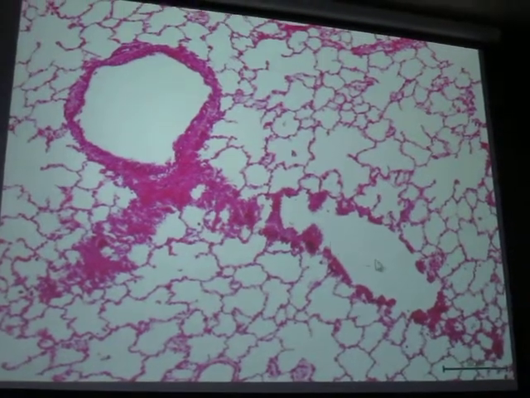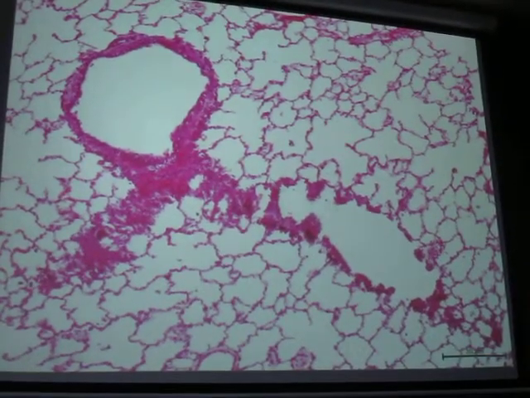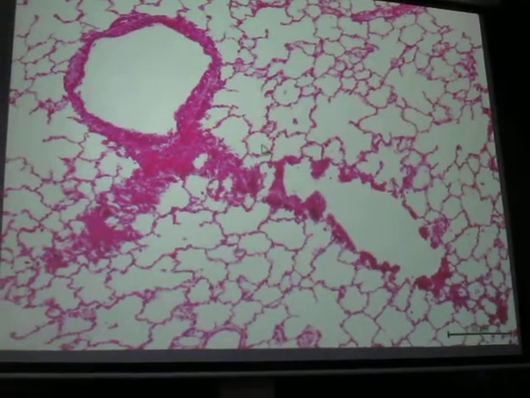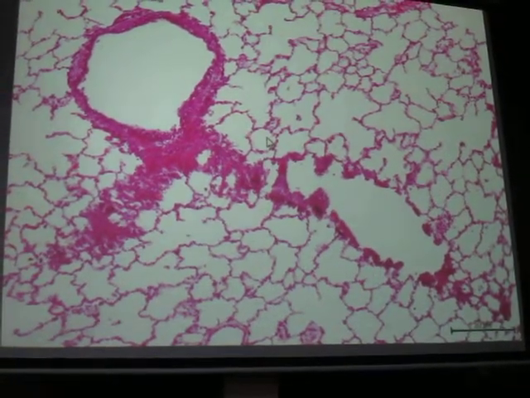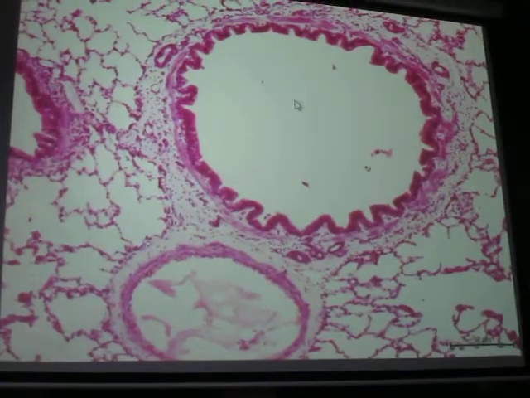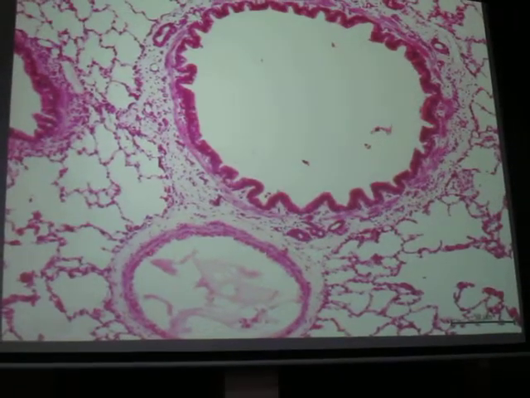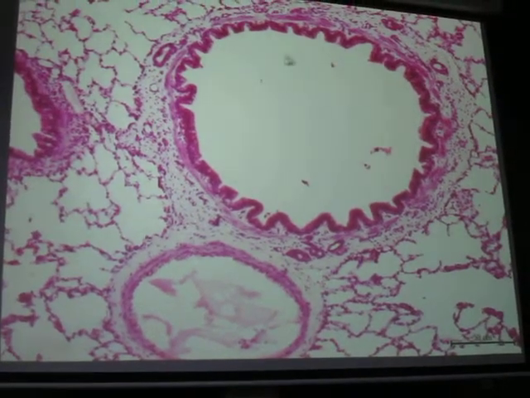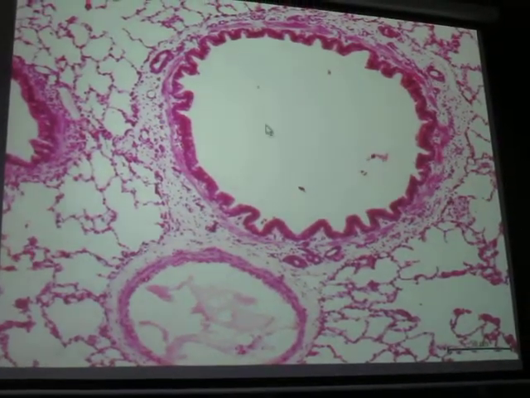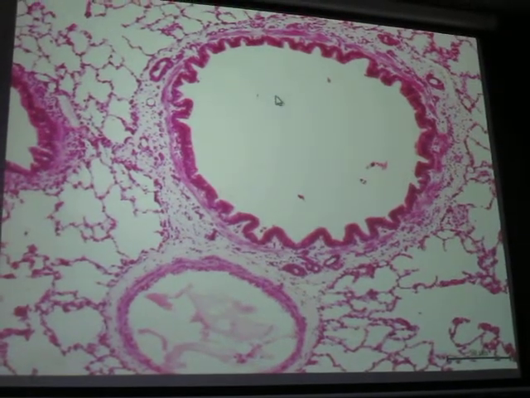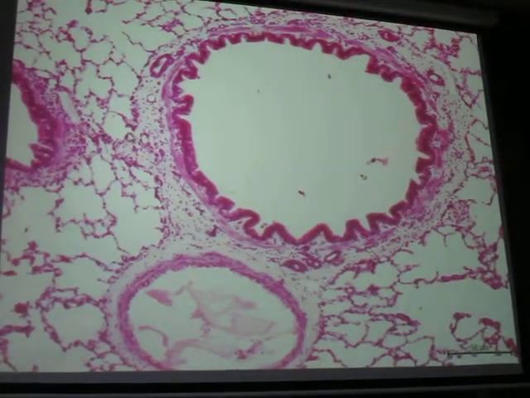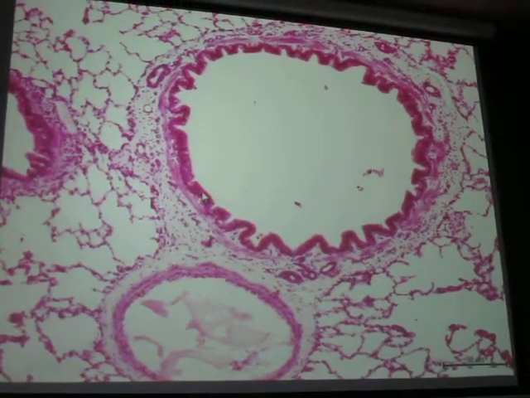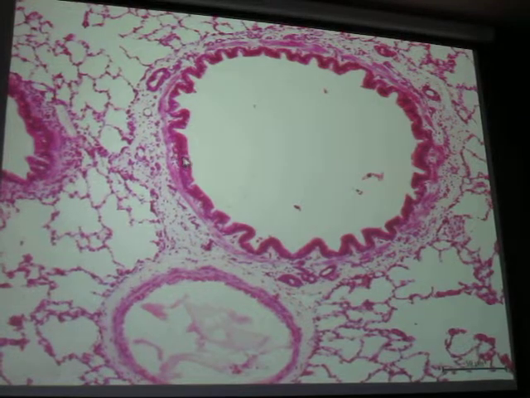Identify. Respiratory bronchiole. Identify. Alveolus. Alveolus. Okay, what is this? Identify. Bronchus. Why bronchus? Okay, this is respiratory epithelium. Even though it's not very clear, you have goblet cells.